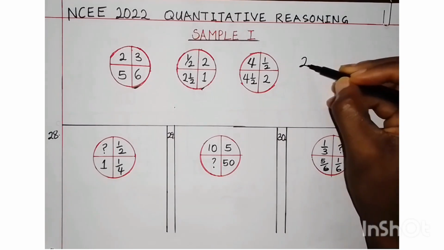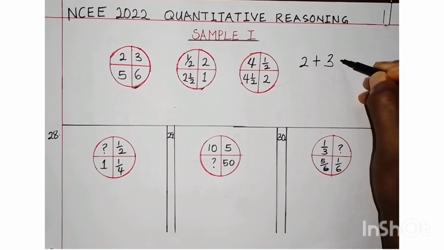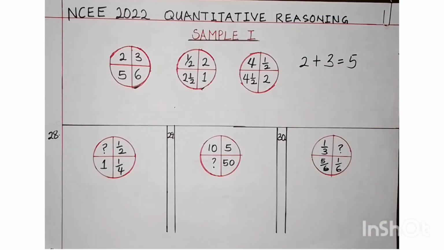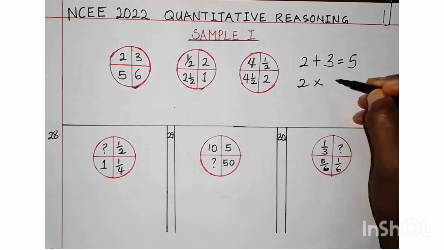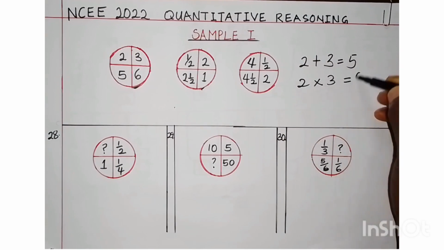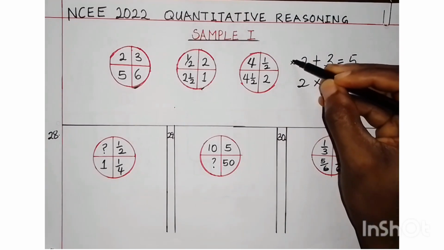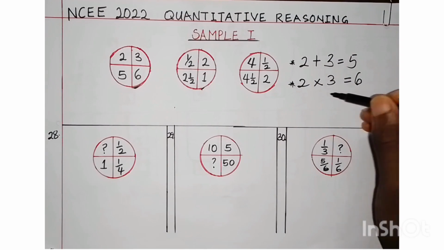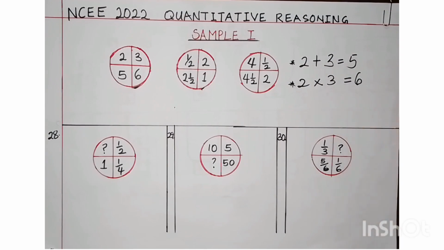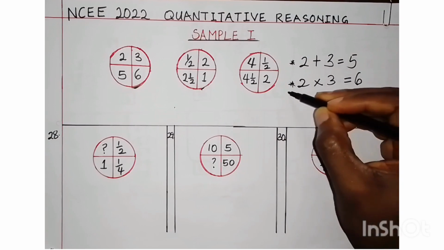So we have 2 plus 3 equals 5, which we have confirmed with the other samples. We also have 2 times 3 equals 6. From this addition relationship, we can get our component. We can also get it from the multiplication relationship, but let's try the addition.